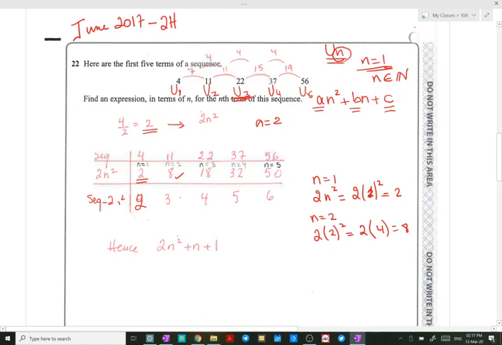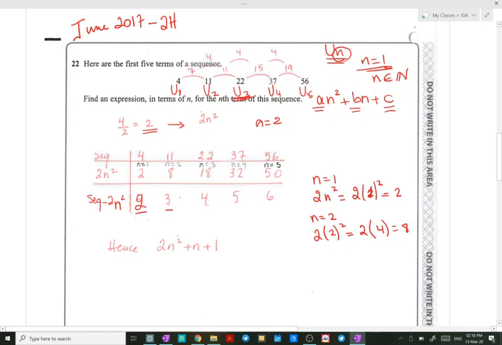You write 8 here and keep continuing until the 5th term. After that, we subtract 2n squared from the sequence. So 4 minus 2 is 2, 11 minus 8 is 3, 22 minus 18 is 4, and so on.